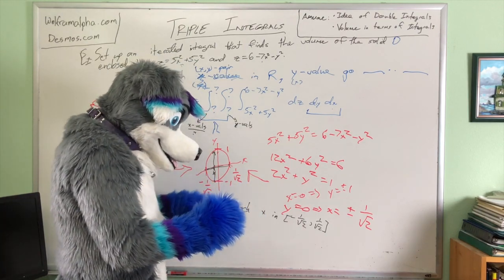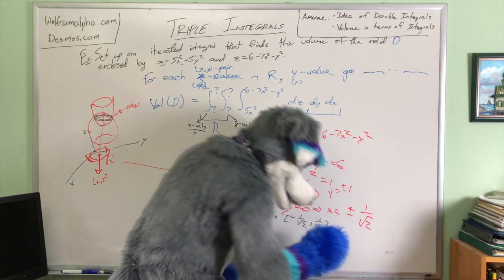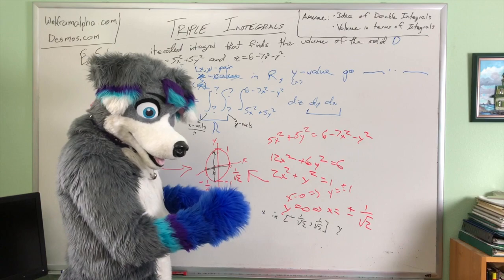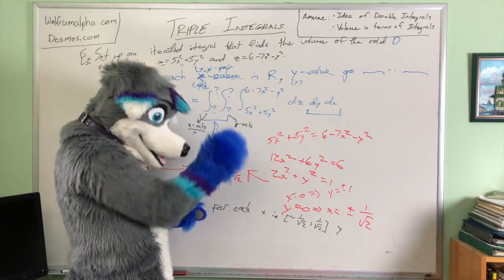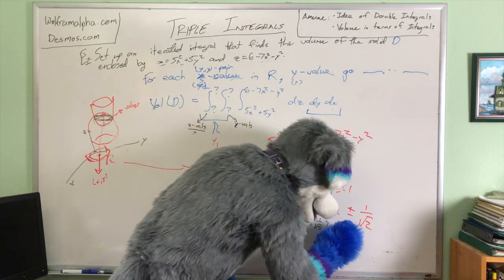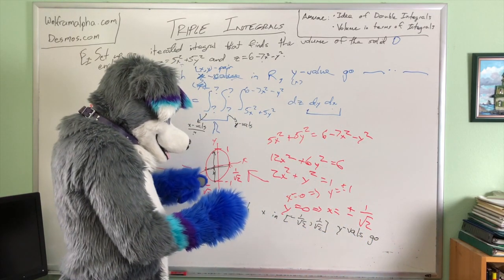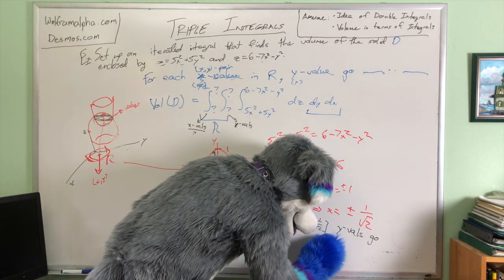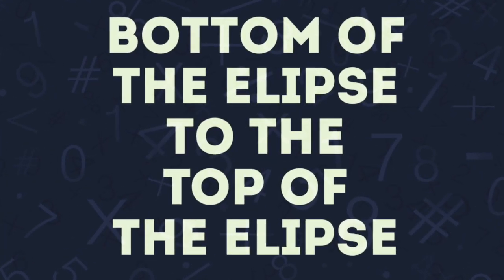But, so for each x value there, the y values go, and I also write out this sentence for myself, because this tells me exactly what my limits of integration are going to be. For each x in there, the y values go what? They go y equals the bottom of the ellipse to the top of the ellipse.